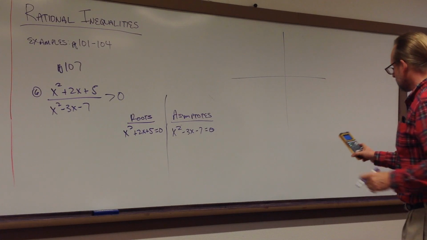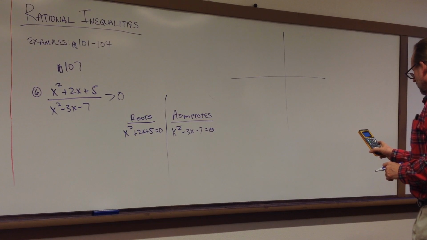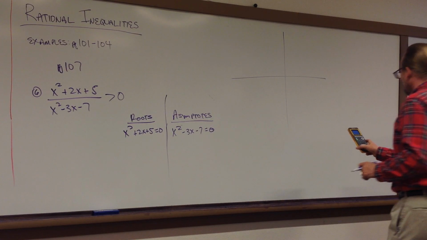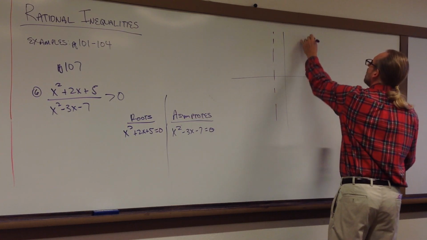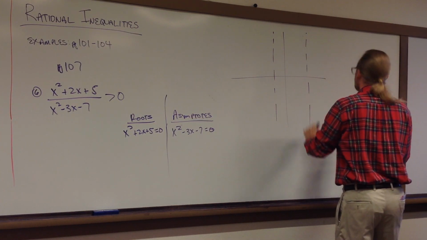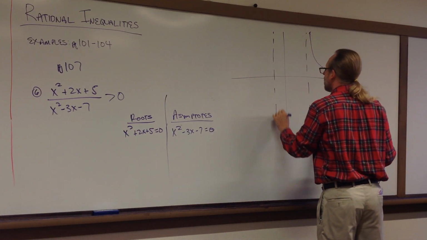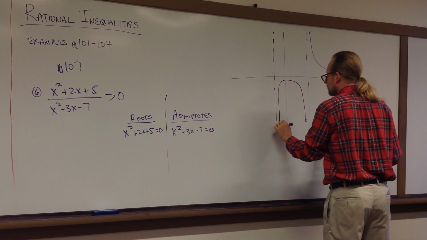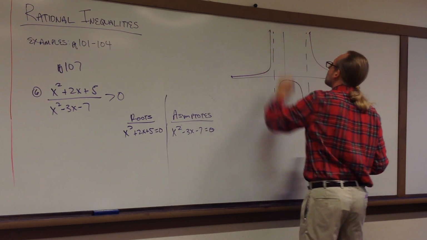And I'll go back to the standard window. Okay. Looks like we've got 2 asymptotes. There's one here, and there's one out here. And the graph is kind of doing that. And then this. And then this as well.